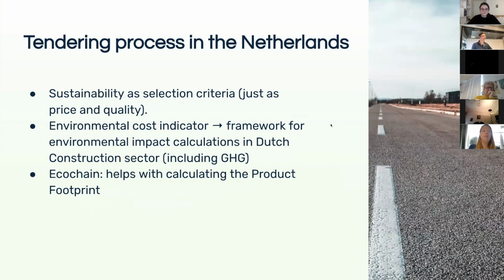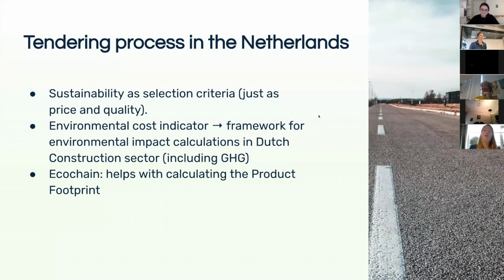Next slide. And in the Netherlands, in tendering processes, sustainability is becoming more and more important. That's also the case for asphalt. And for asphalt, but also for other construction materials, sustainability is one of the selection criteria, just like the price and the quality. And for that, the environmental cost indicator is used.